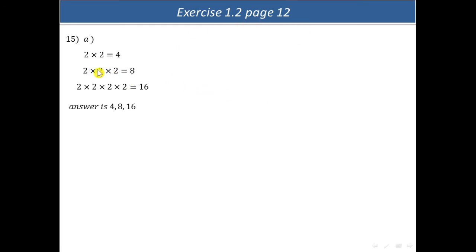Exercise 1.2, page 12, I took 15, A. Find me a number which is made from only the factor 2.